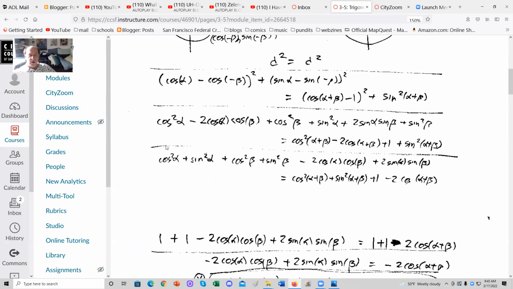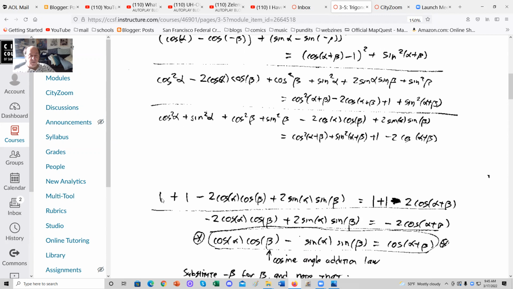Now, here's the thing. Cos squared plus sine squared is 1 here, and here, and here. So it simplifies drastically to 1 plus 1 minus 2 cosine cosine plus 2 sine sine. That equals 1 plus 1 minus 2 cosine of sum.